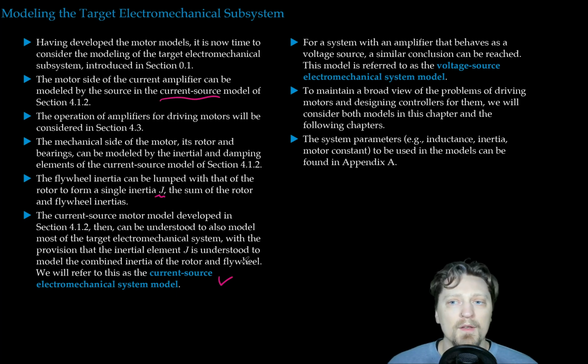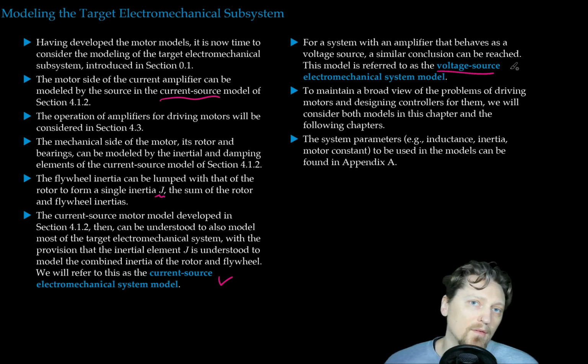For a system with an amplifier that behaves as a voltage source, a similar conclusion can be reached. This model is referred to as the voltage source electromechanical system model. We won't be doing that in the lab, but we could develop a system that had a voltage source amplifier.